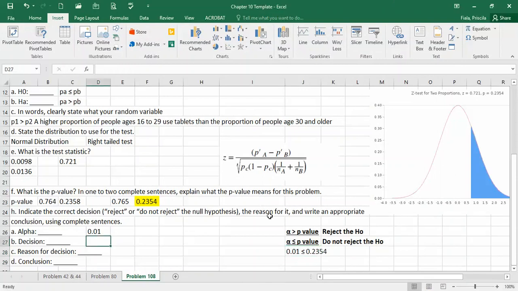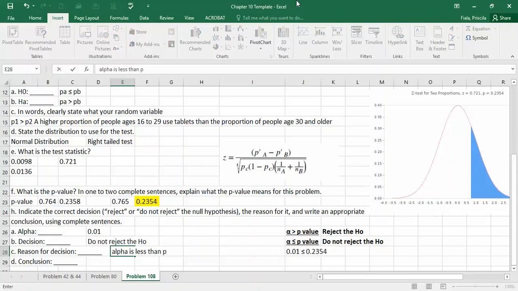Therefore, what do you do if your alpha is less or equal? You do not reject the null hypothesis. And then the reason for your decision: you can say that alpha is less than the p-value, or the other way around, p-value is greater than the alpha.